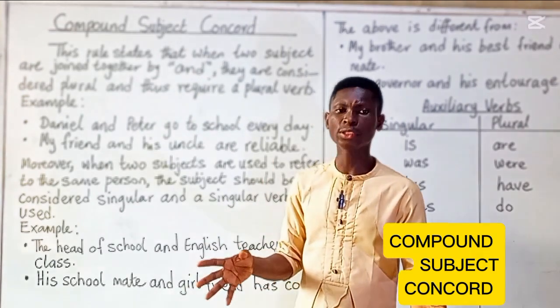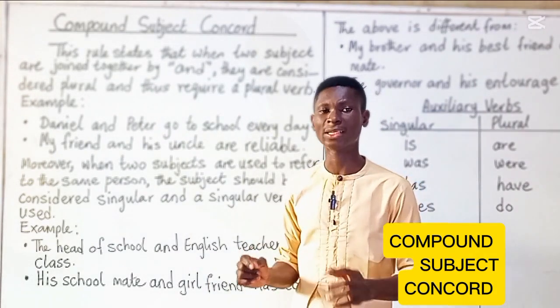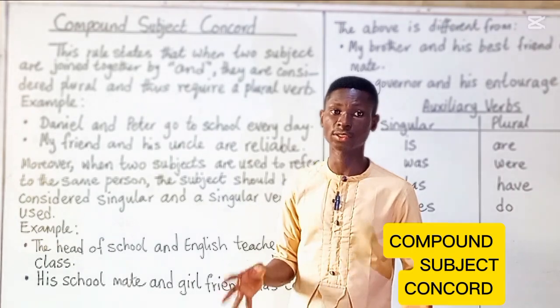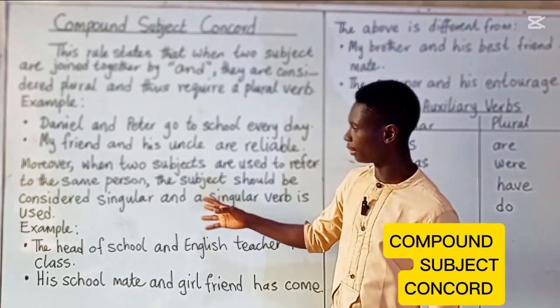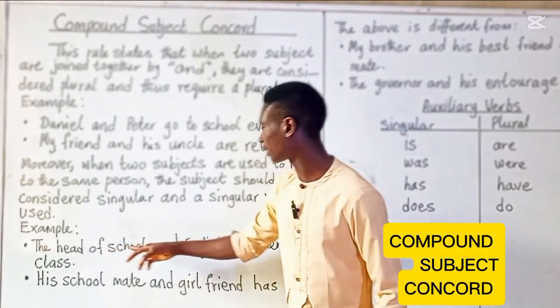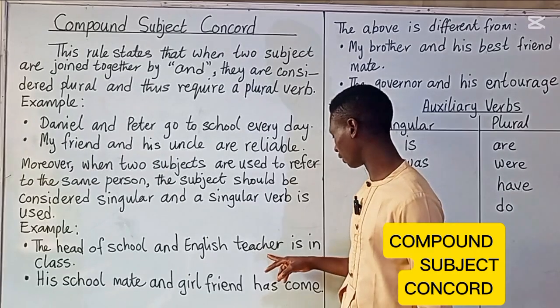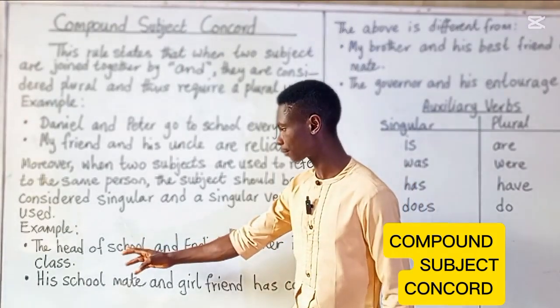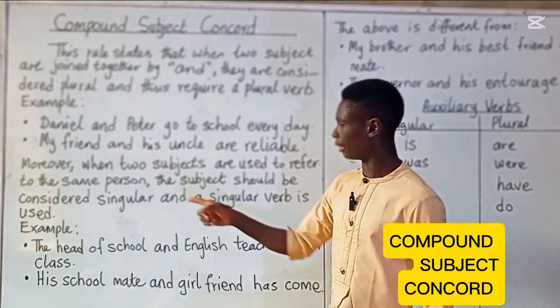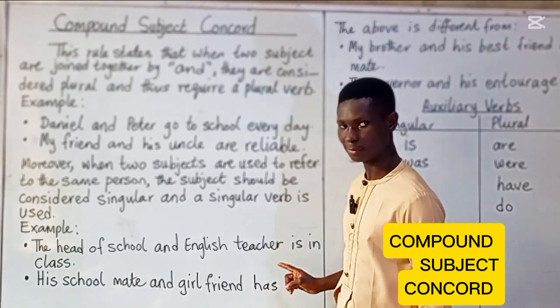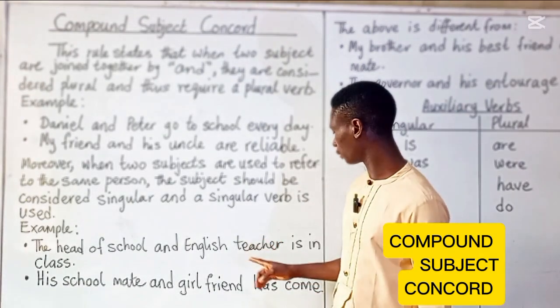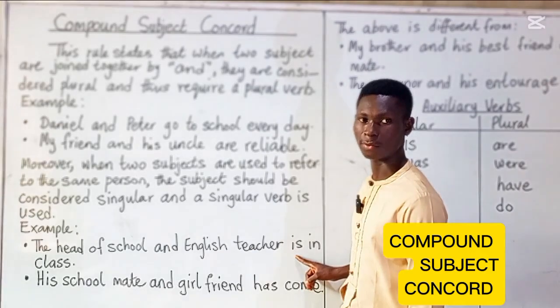You are going to choose a singular verb because such combination, such compound subject is considered singular. A typical example is the head of school, an English teacher, is in class. In this case, the head of school is equally an English teacher. Hence, we make use of the verb is, which is singular.